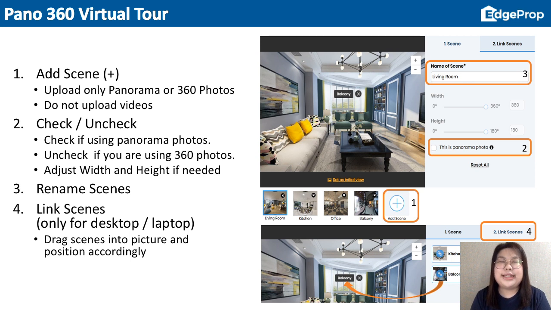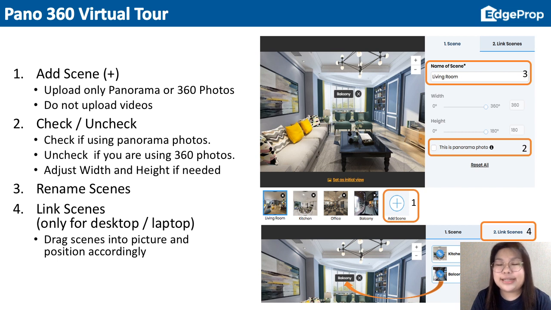It is truly like a virtual tour for them. So they can't teleport from the living room to the yard. They would have to go through the kitchen and then to the yard. And to go back to the living room, they have to go back to the kitchen and then back to the living room. So that's how it works.